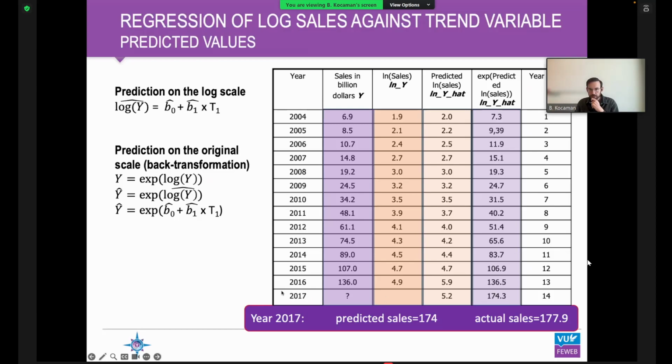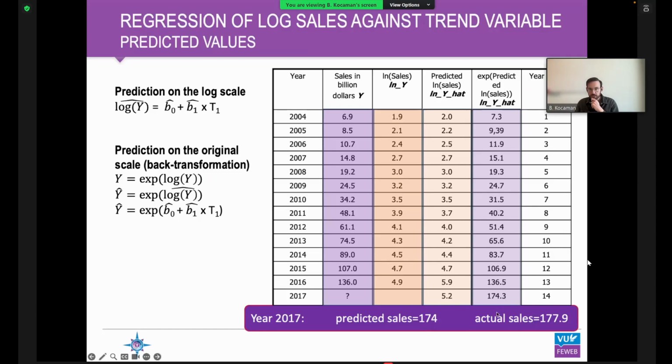And lastly, because we are interested in 2017, we plug in 14 as a trend variable. We get 5.2 as the log sales. And then if we take an exponent of that, we transform it back to regular sales. So here our prediction is 174.